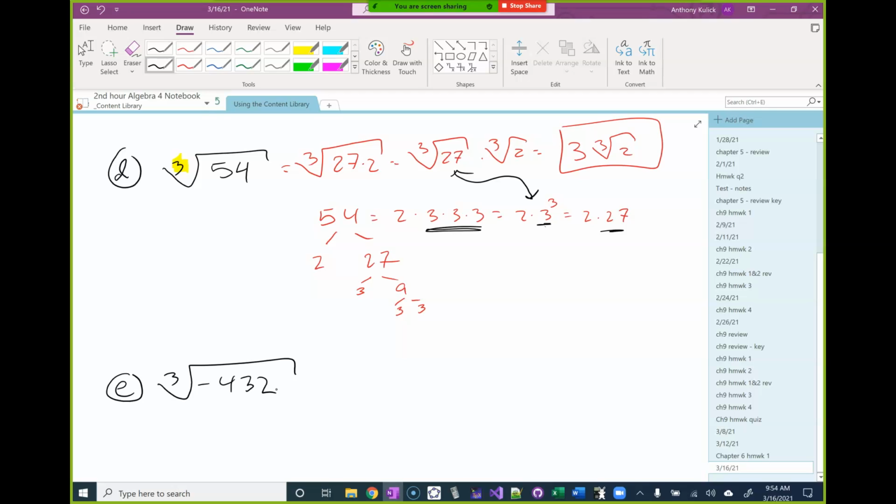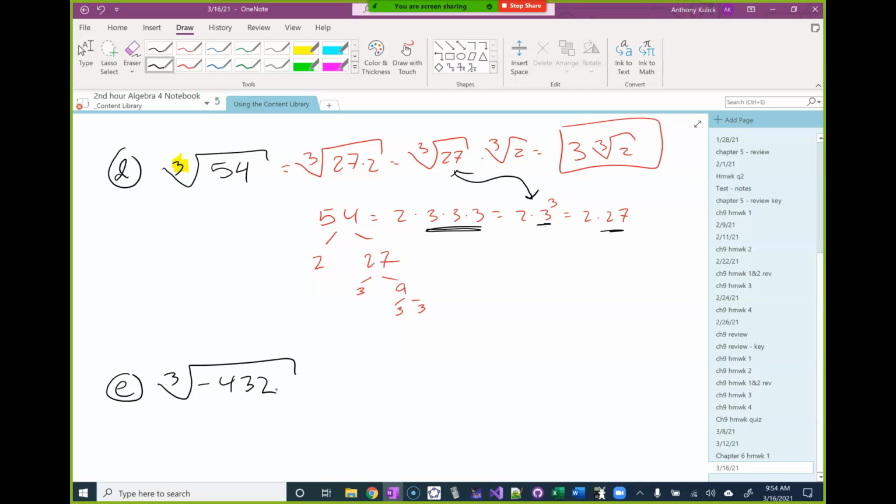So a negative can still be a perfect cube, right? So can we take the cube roots of negatives? Yeah, no problem. So just think about it as the negative part and everything else. Cool? All right. 432.